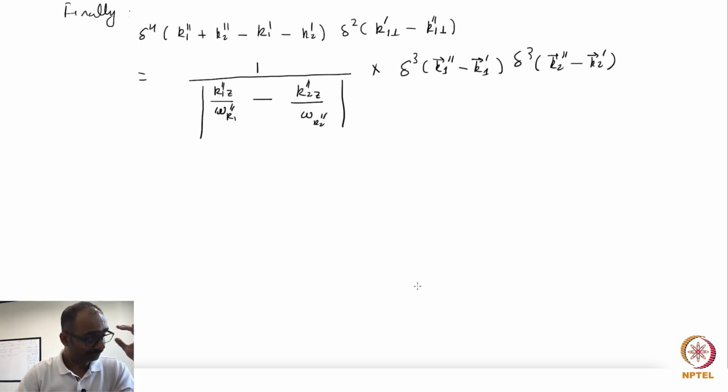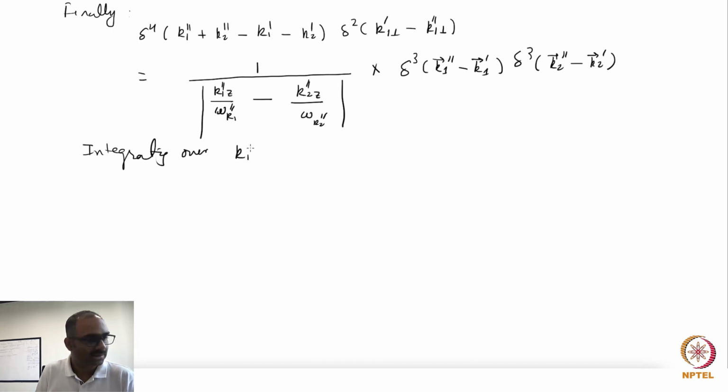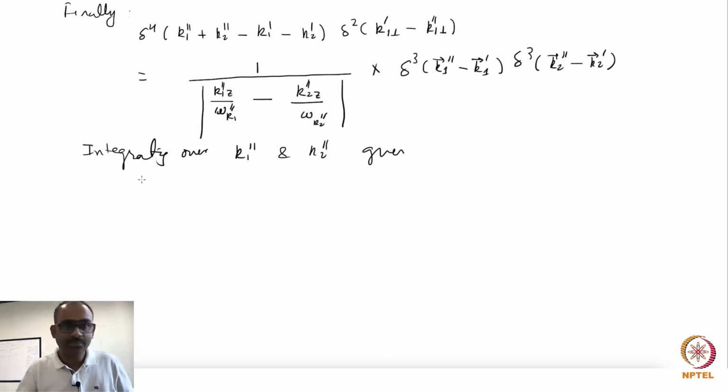So let me first write down the result and then I can explain. Integrating over k1 double prime and k2 double prime gives, okay, maybe I should just tell what will happen. So I am going to integrate over k1 double prime and k2 double prime. Let's see what happens.